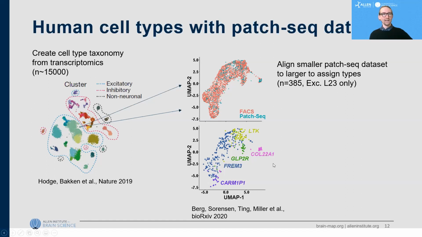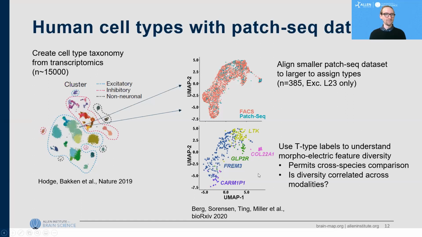And once they're aligned, we can use the taxonomy from the transcriptomics to assign types to the patch-seq cells. Those are shown here. These are shorthand cell type labels based on marker genes for each type. These are 5 types that are found within excitatory cells in layer 2-3 of human tissue.